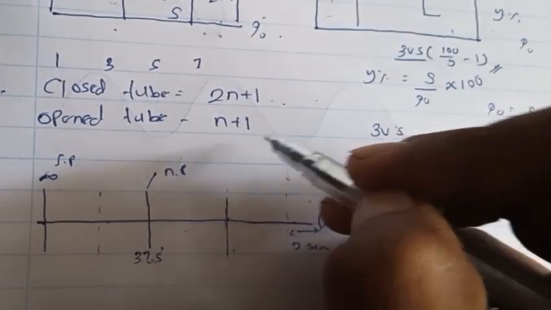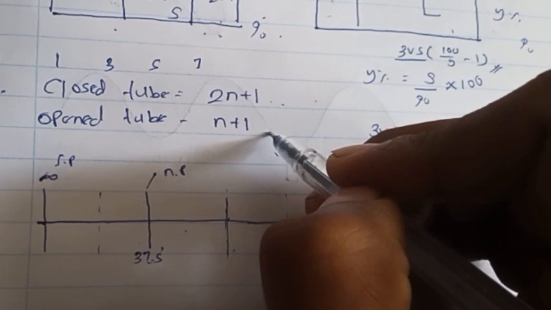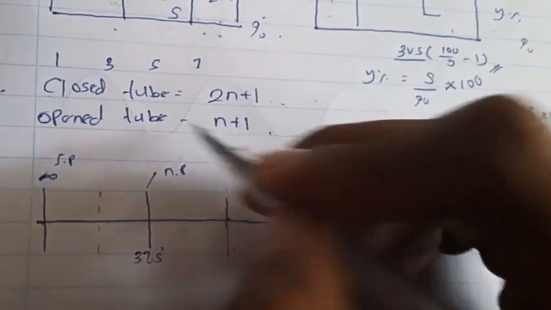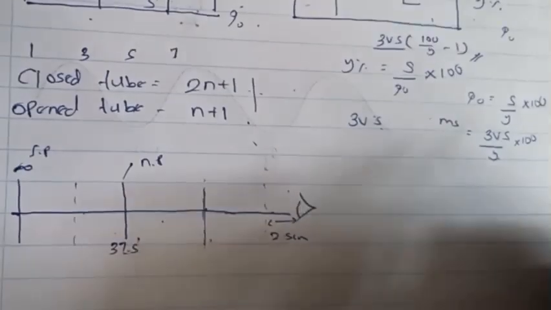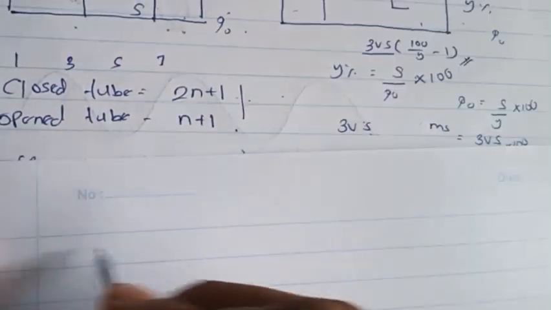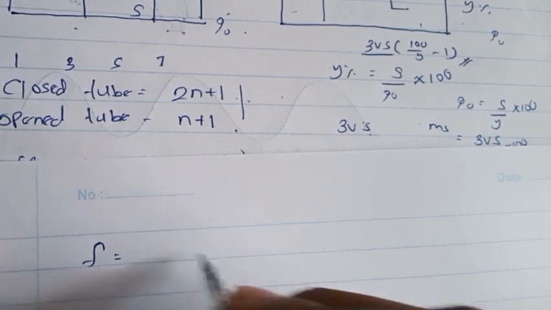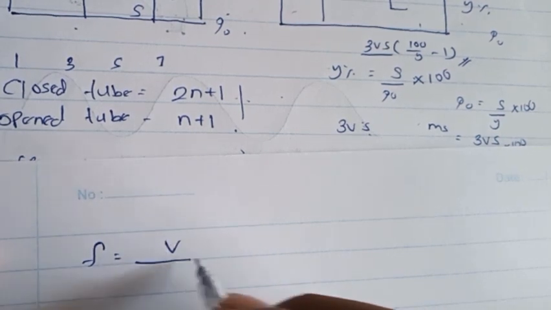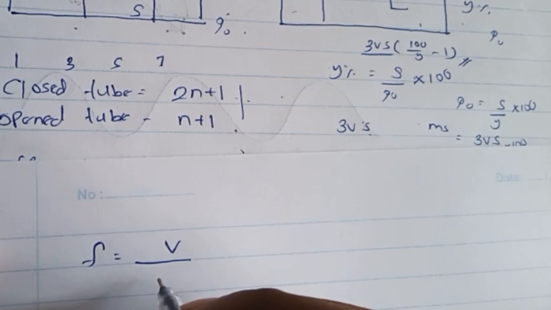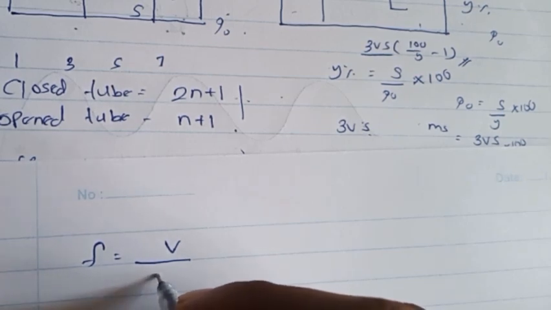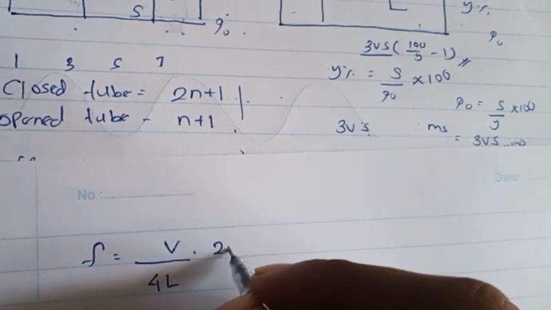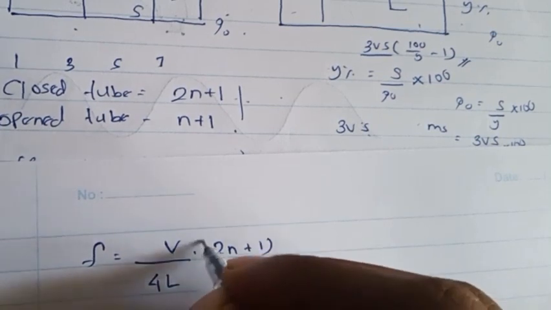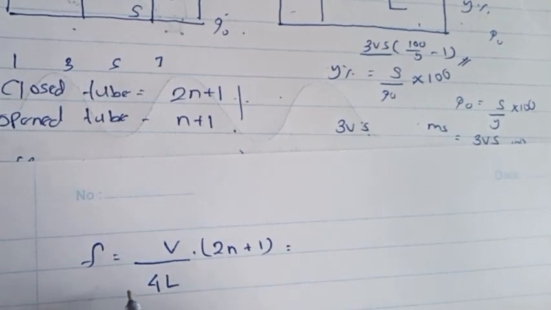Now for an open tube, it's going to be n plus 1. Now n plus 1 is also the same for strings, right? So make sure that you have it as a theory. So if I write an expression for this, the frequency is equal to V divided by 4L times the harmonic number 2n plus 1 for closed tubes, right?